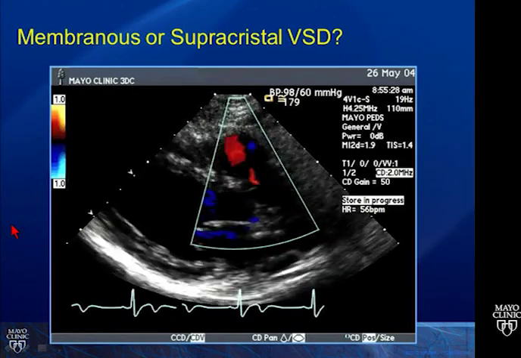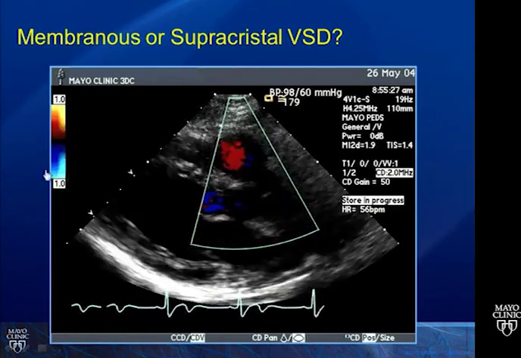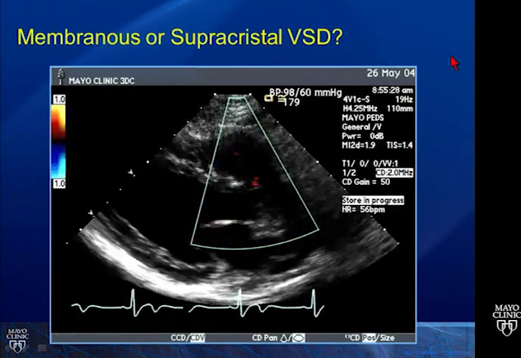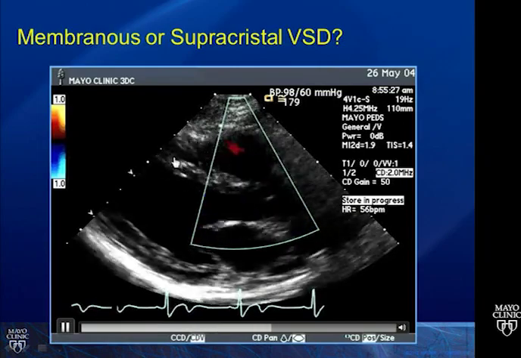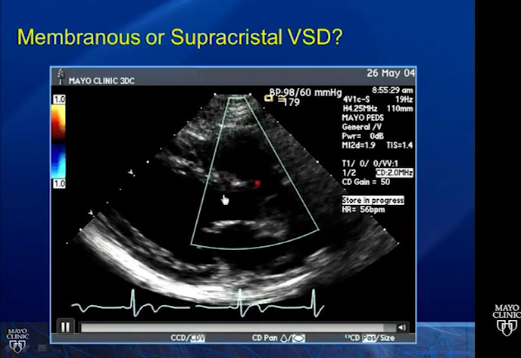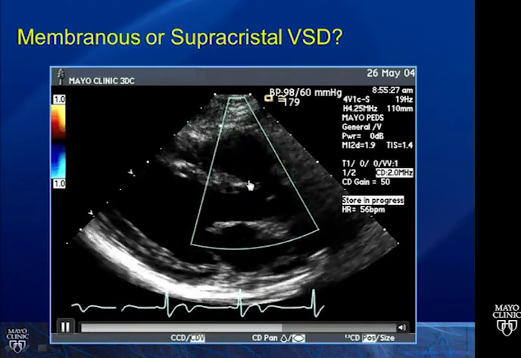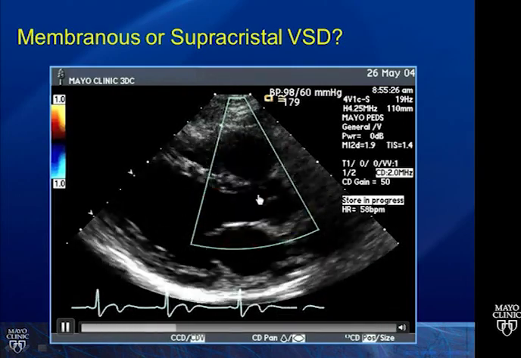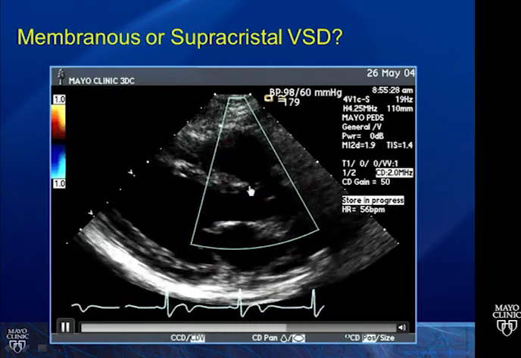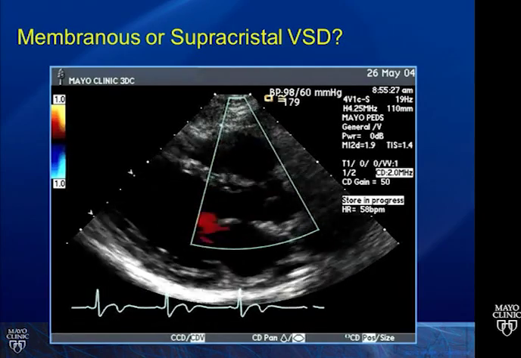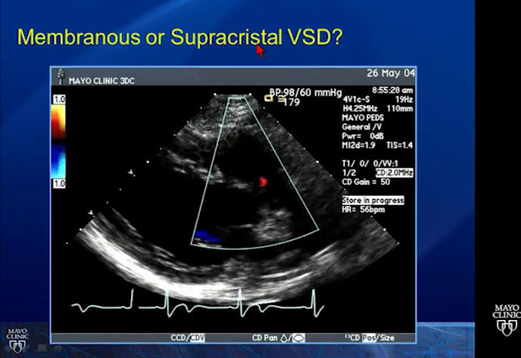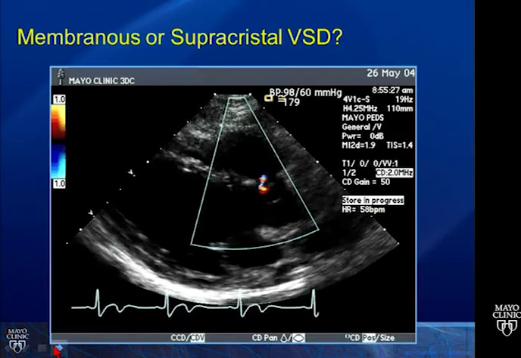Now, there's several other options for ventricular septal defect on that coding sheet, so I thought I'd take a minute just to review those. That particular patient's ventricular septal defect was way down in the muscular part. This particular shunt we see just under the aortic valve, and from this view, we know that it's probably up close to the membranous portion of the septum, but we're really not sure, is it membranous or is it supracrystal ventricular septal defect?